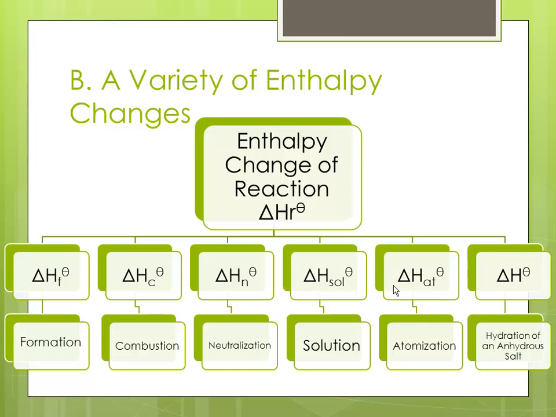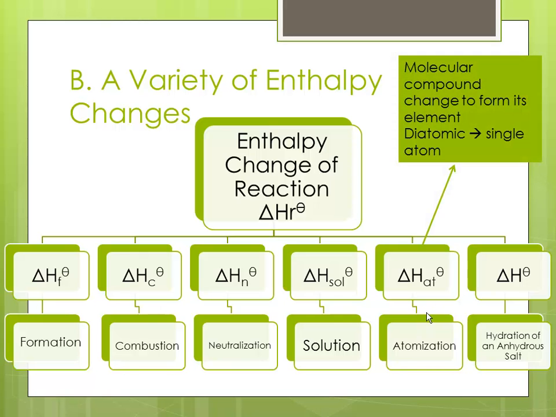Alright, so you have different types of enthalpy changes depending on what type of reaction it is or what's happening. You have the basic formation. So formation is forming a compound. A combustion reaction, pretty self-explanatory. Neutralization is an acid-base reaction. Solution is making a solution. Atomization is that a molecular compound changes to form its elements.